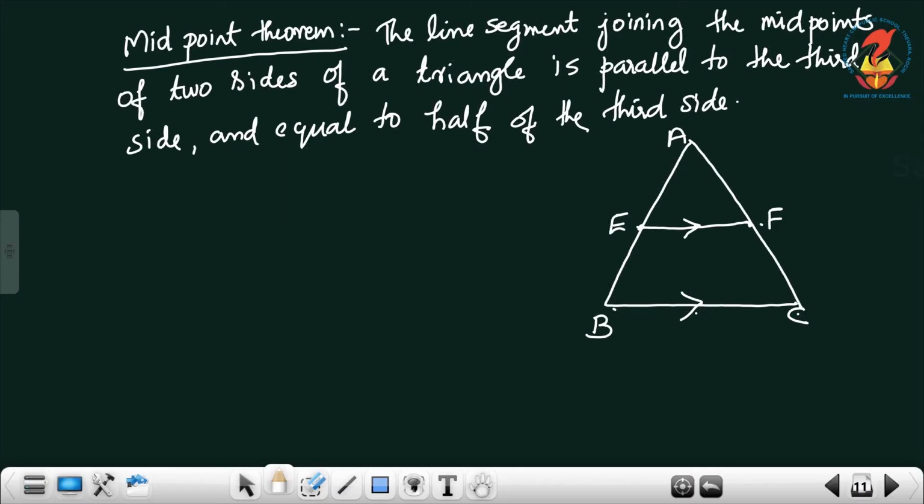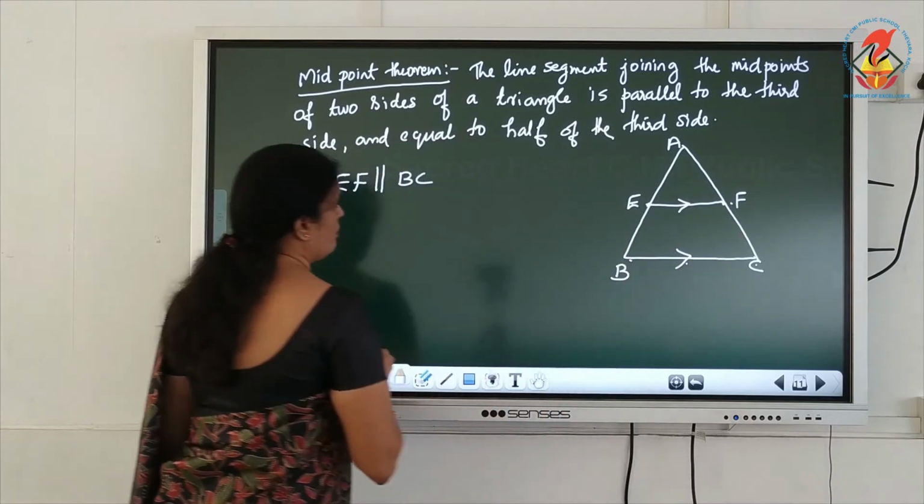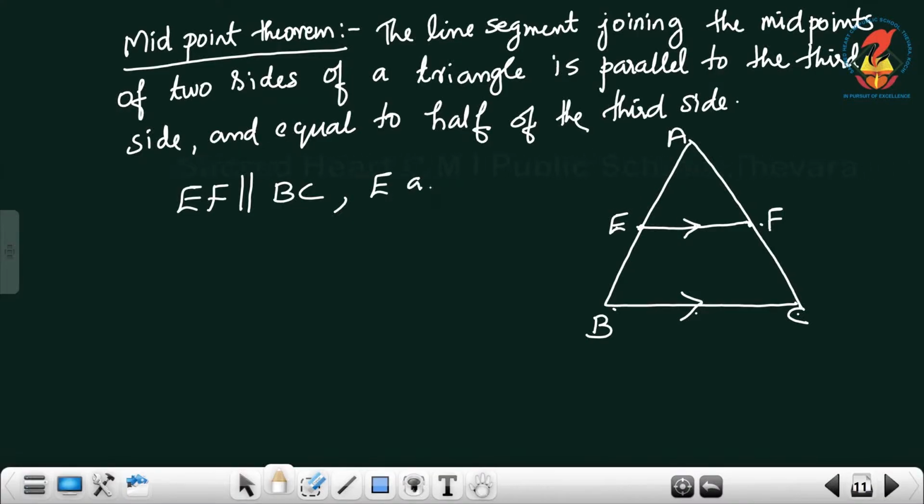Okay. Triangle ABC, EF parallel to BC. One more condition also there, E and F are midpoints of AB and AC.